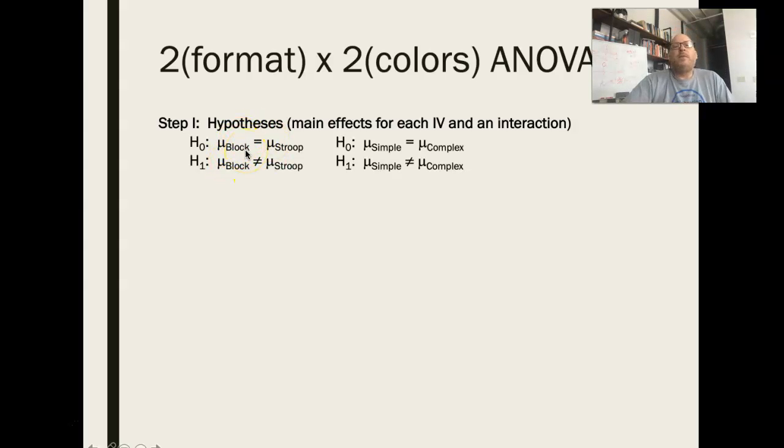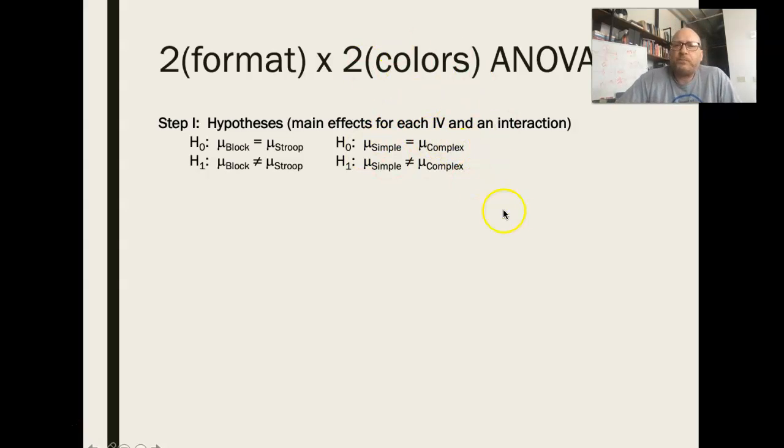In the table, that's comparing the left column to the right column, ignoring any difference between colors. And you actually have to train yourself to ignore the fact that there are colors in the study while you're looking at that main effect. And similarly, this ignores the fact that there's a difference between block and Stroop. This has everyone in the simple condition, block and Stroop, averaged together, so it makes no distinction there.